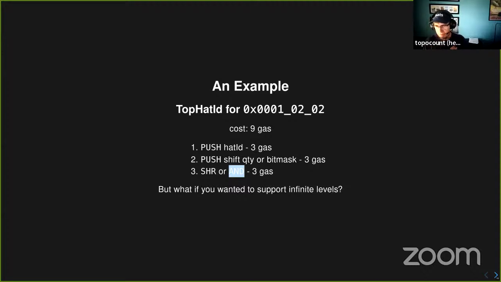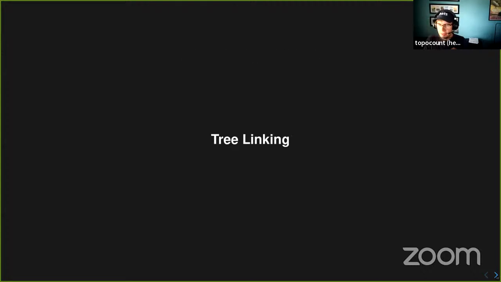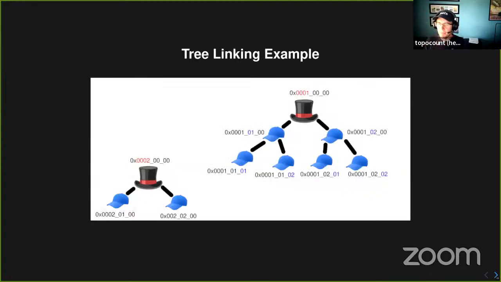We want a more generic use case. So we came up with this concept of tree linking. If you have 2 trees, as a toy example, say the org represented by top hat 2 is acquired by the org representing top hat 1, and they need to link up and fit into the org somewhere.